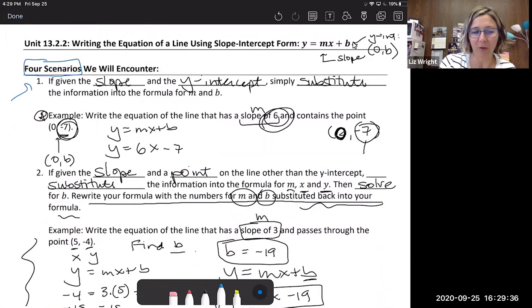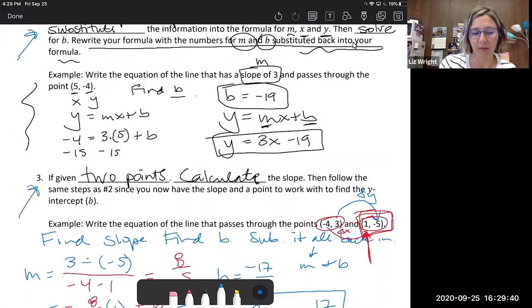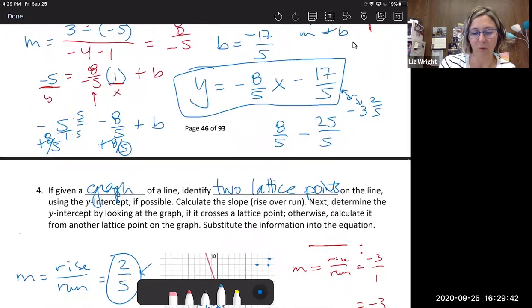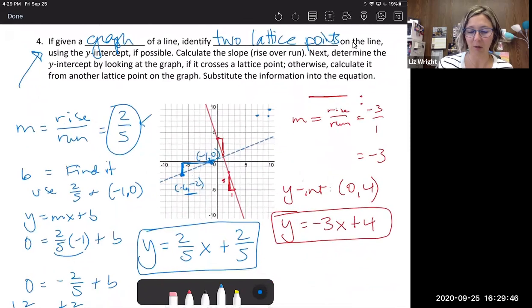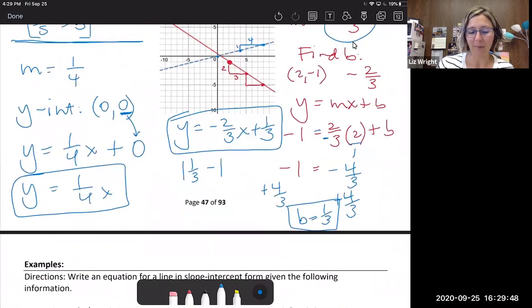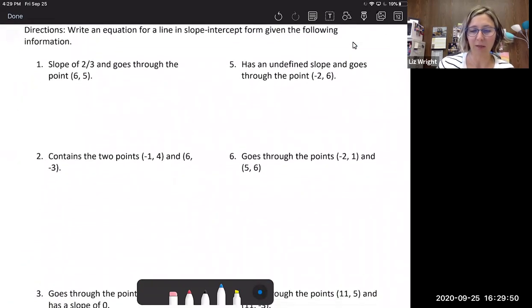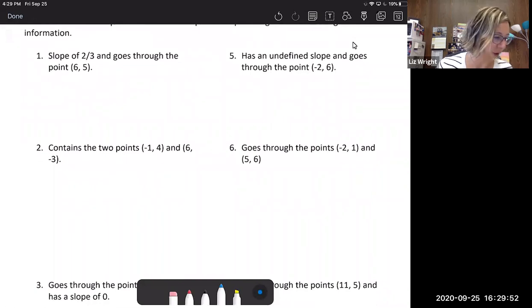Were we given scenario 1, 2, 3, or 4 for each of these, because that's going to tell you the method you need to use to solve them. So I'm actually going to do a few of these examples with you, and then the rest are going to be for you to finish up.